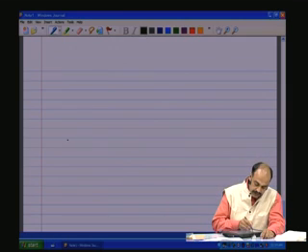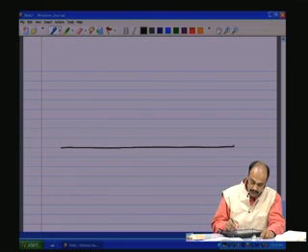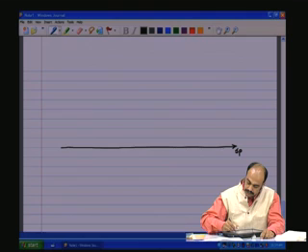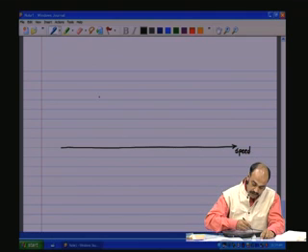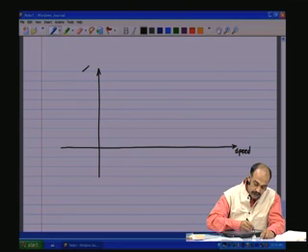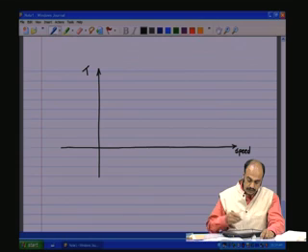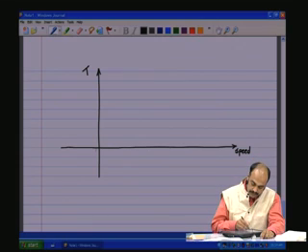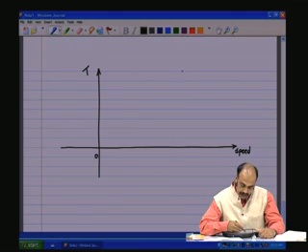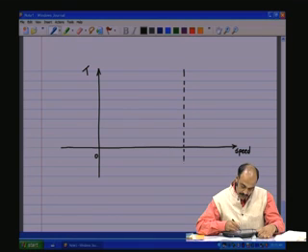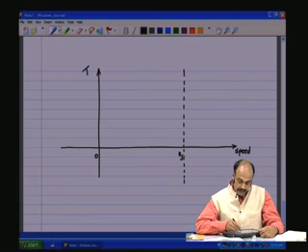So now let us look at the same diagram. We have the speed and we have, let us say, the torque. So the motor torque generated, standstill, and somewhere here let us have the Ns, synchronous speed.